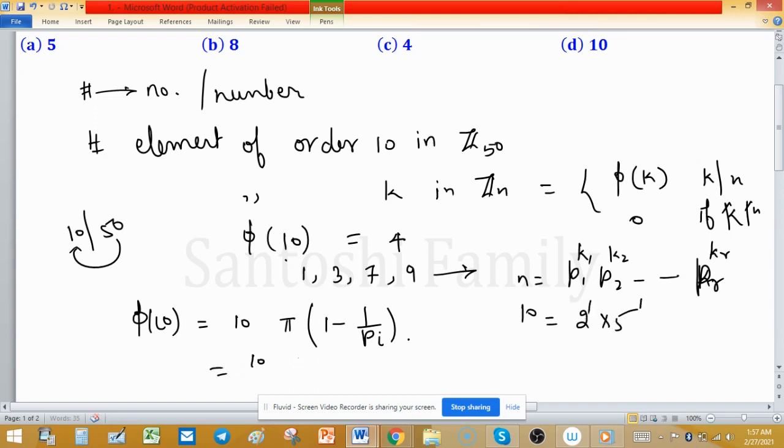So this is 10 times the product of 1 minus 1 upon 2 and 1 minus 1 upon 5. This equals 10 into 1 upon 2 into 4 upon 5.